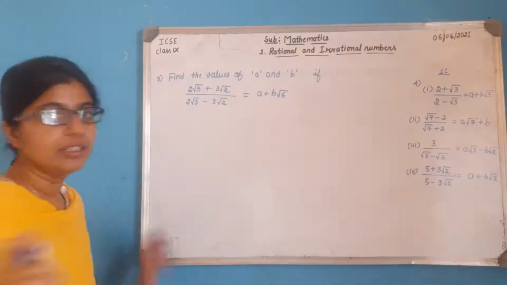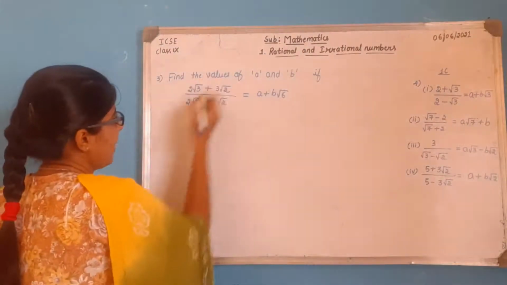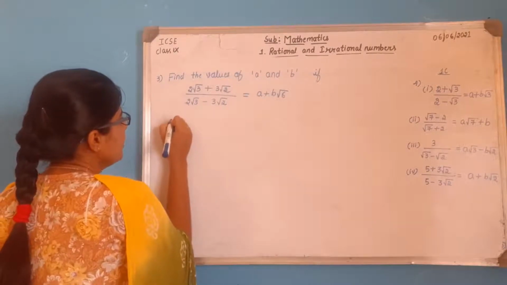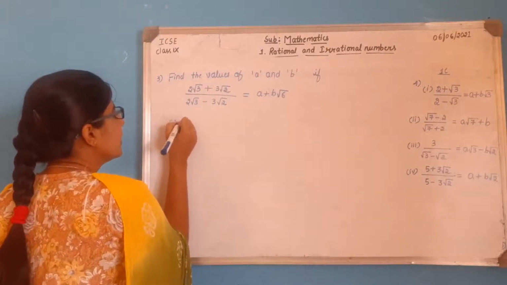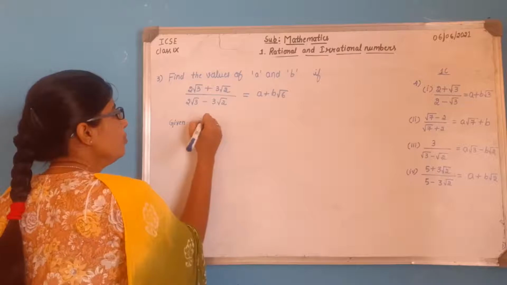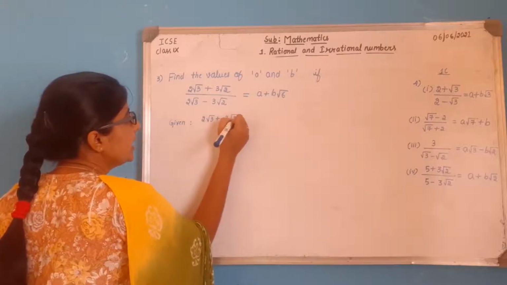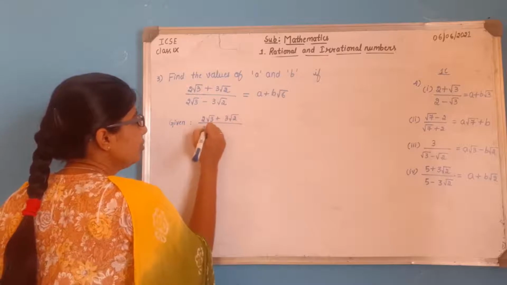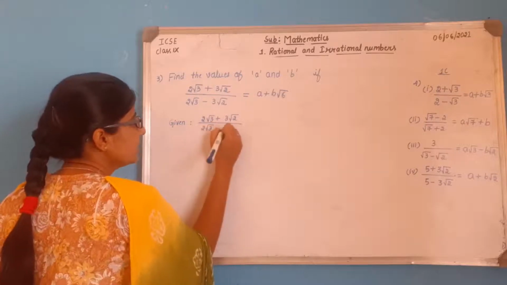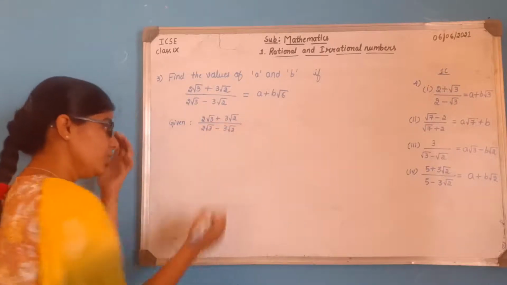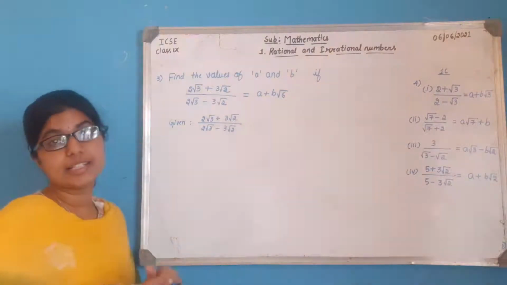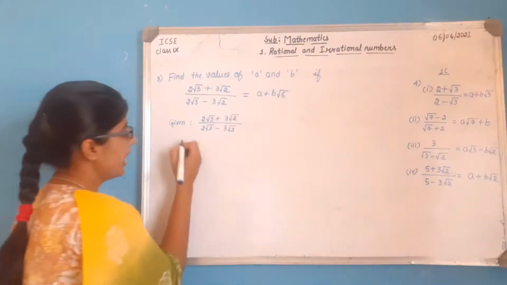Let us consider the LHS part of this. So that is given, 2 root 3 plus 3 root 2 divided by 2 root 3 minus 3 root 2, right? So now note down the rationalizing factor for this. Let us write the rationalizing factor.